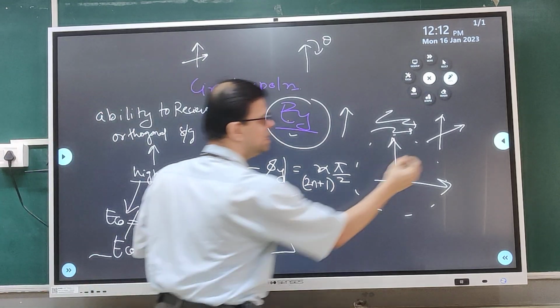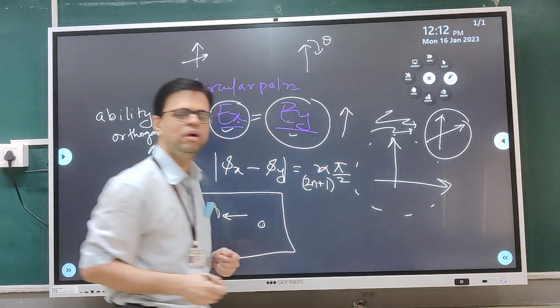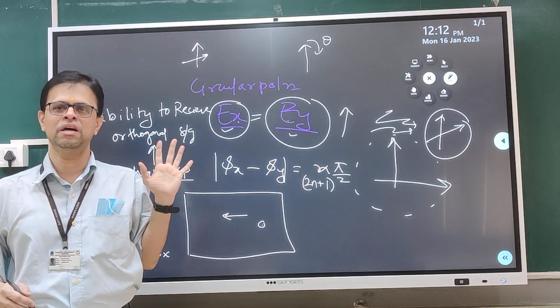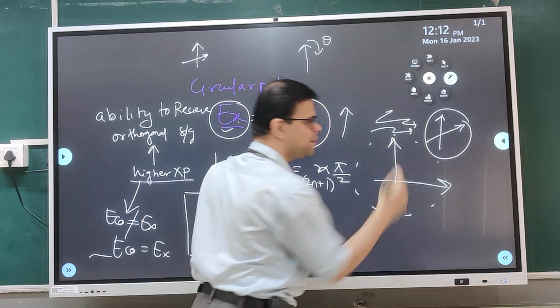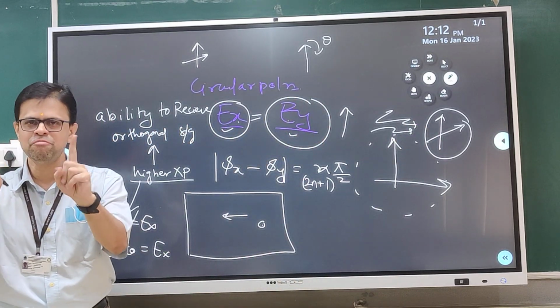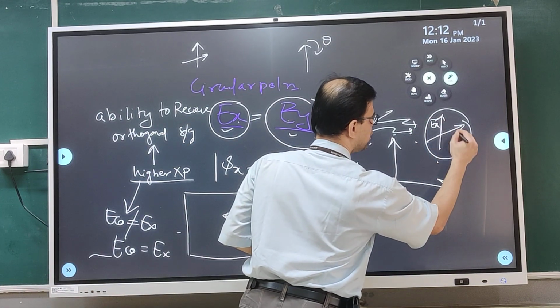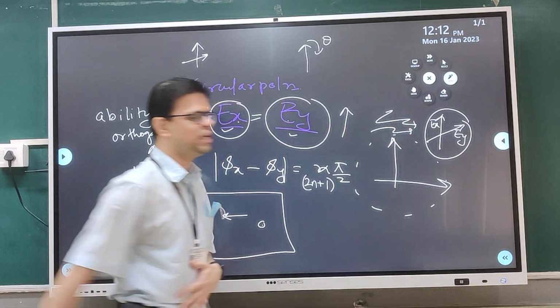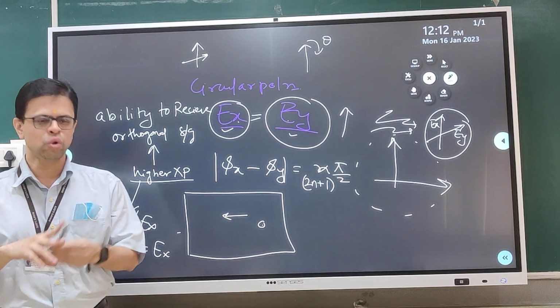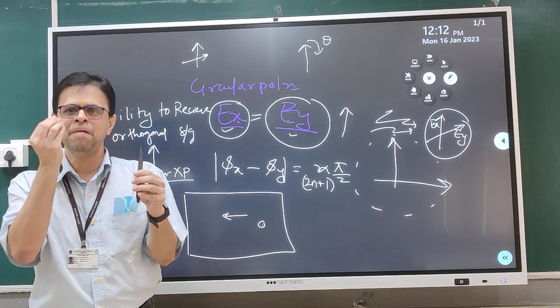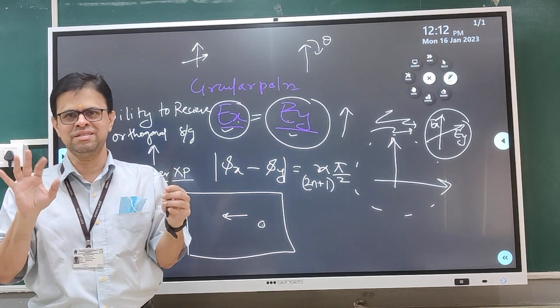Now what exactly this arrangement leads to is a circular polarization antenna, because both the dipoles are working at the same frequency. One is directed along the y-axis, one is directed along the x-axis. So in either condition, I am able to receive both the signals.